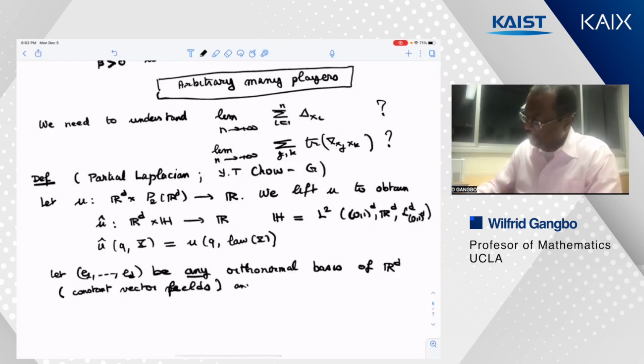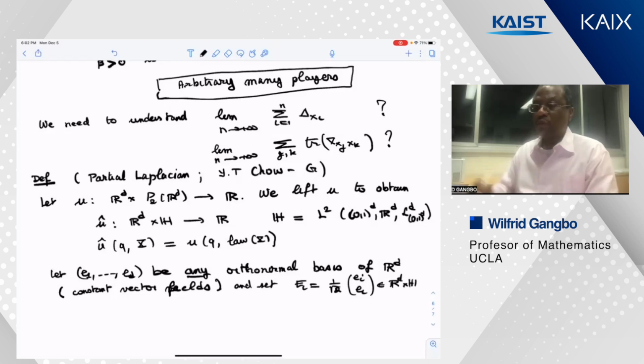and set Ei to be 1 over square root of 2 (ei, ei). So the first ei, I interpret as an element of Rd, and the second one, I interpret as an element of H. To rewrite this, I am saying that this is in Rd cross H, where the second component is interpreted as a constant vector field.